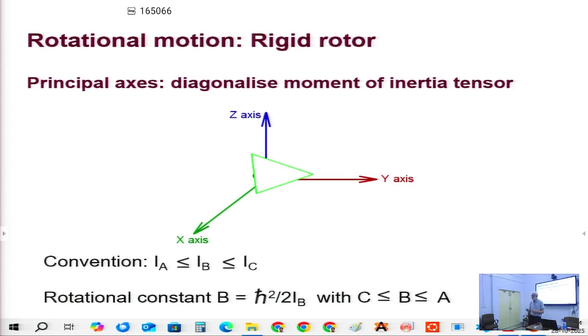And I already said for my pseudo-linear molecule, you have an axis here, you have an axis here, and it doesn't actually matter anywhere around there where you take the axis. And then you have a unique axis along here, which has no moment of inertia. Similarly, if you take a symmetric top system, it's pretty obvious you're going to have an axis down here, and then you have 2 axes here. It doesn't matter how you take them. If you have a spherical top, which you can think of as a football, you have 3 axes. It doesn't matter how you take them. They just have to be orthogonal to each other. You get all the same answers.